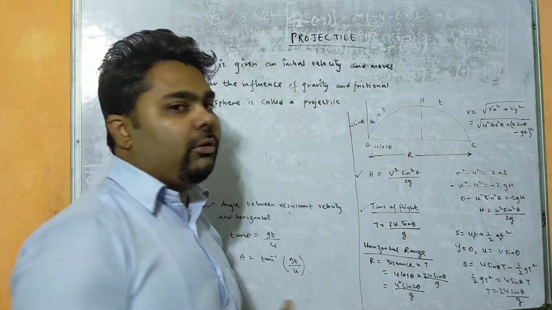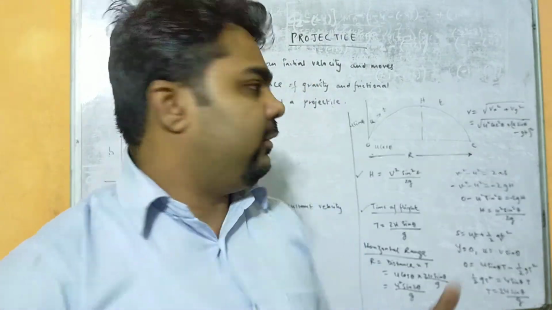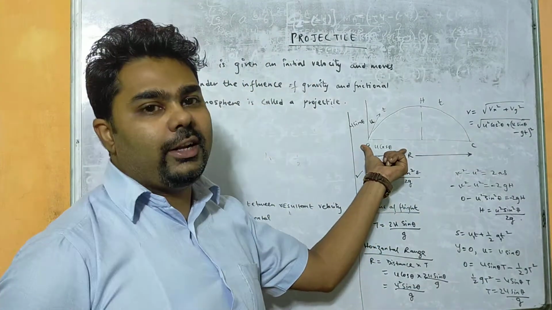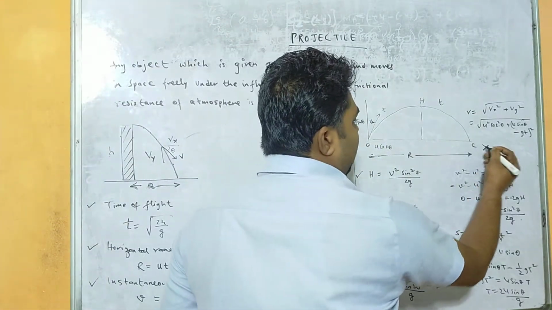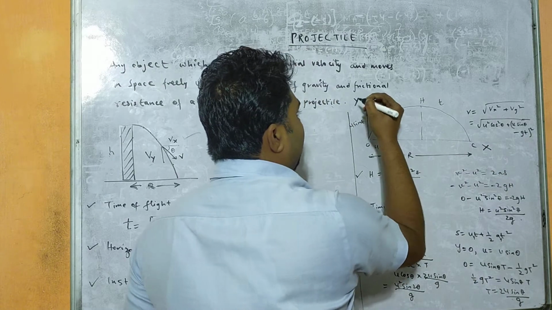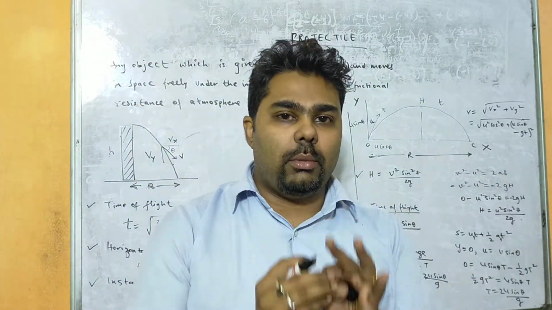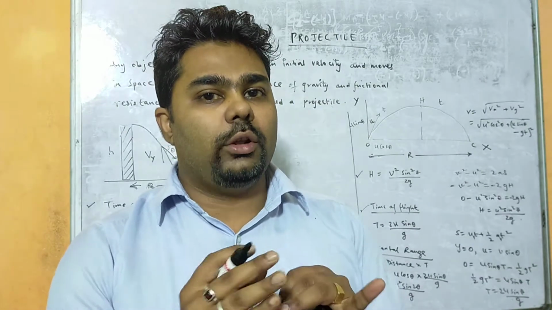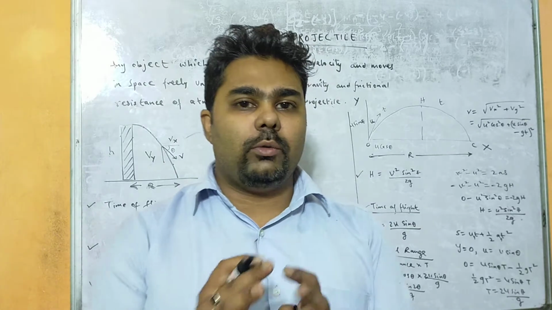When an object is thrown with some initial velocity u, it is resolved into two components, that is u cos theta along the horizontal direction and u sin theta along the vertical direction. This is the motion along the horizontal direction and this is the motion along the vertical direction. Here also we need to find the maximum height, time of flight, horizontal range, and the instantaneous velocity, right? So one by one we will see.